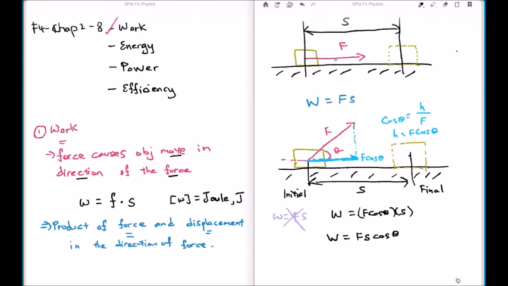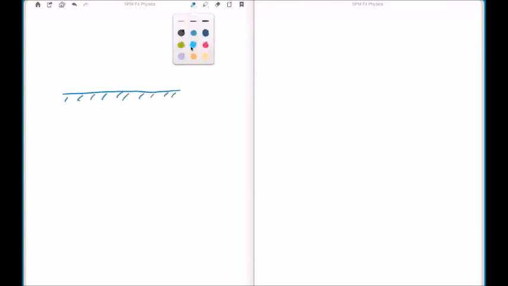Next page. What I've given you in the previous page is left to right, simple. Now, if you were asked, there is a horizontal surface, and there's a book lying on it horizontally, resting on the table.